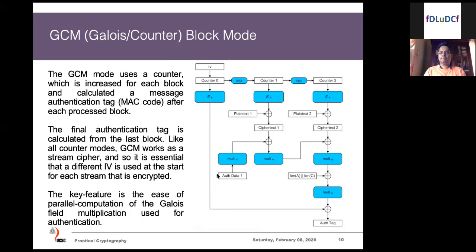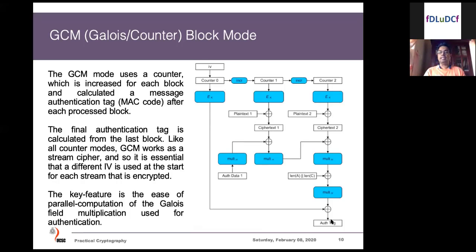The initial counter may not be used to encrypt, but only to calculate the authentication tag, and from the next counter onwards we use it to encrypt the data. So each encrypted ciphertext we feed to this Galois function, and it propagates, and finally we calculate the authentication tag.